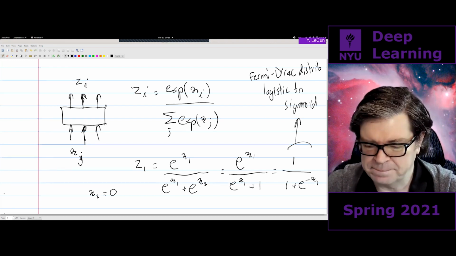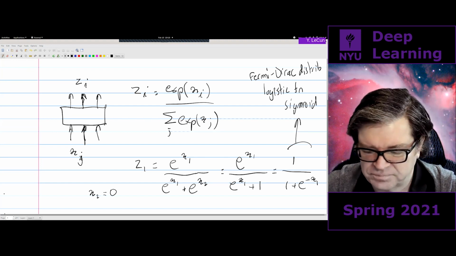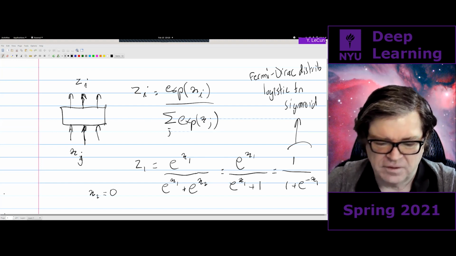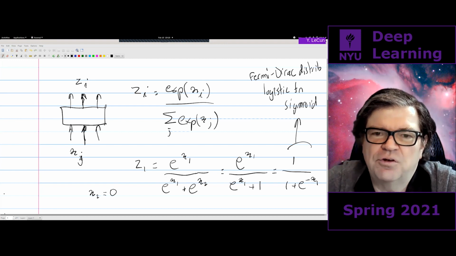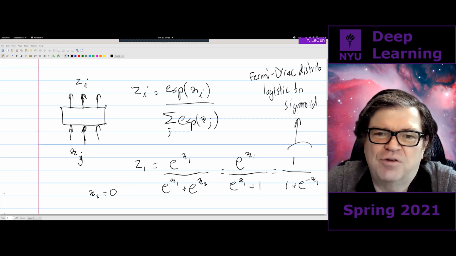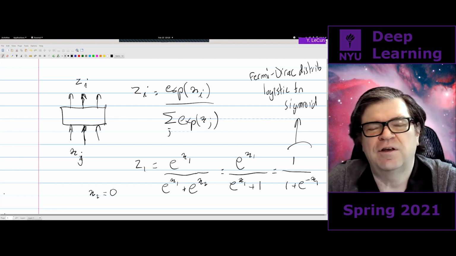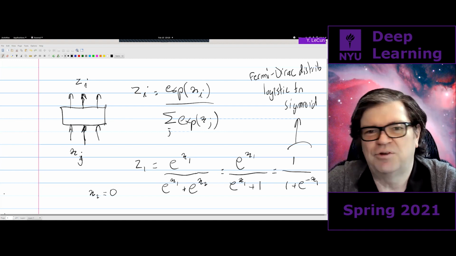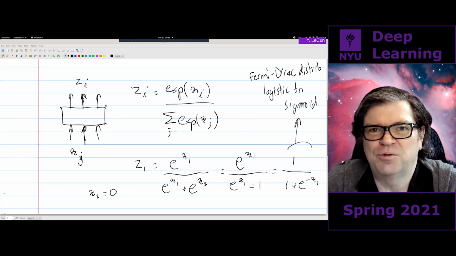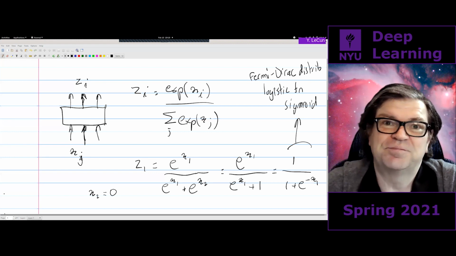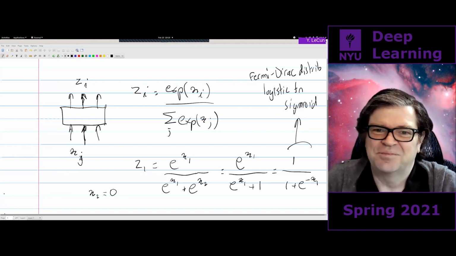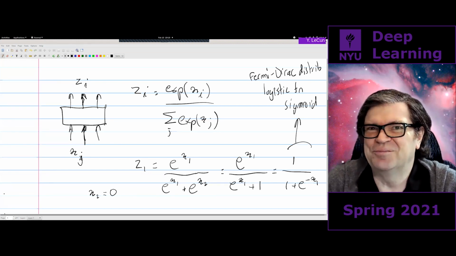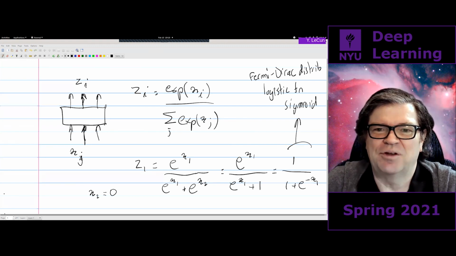Okay? And why are we using exponentials here as our nonlinear function? Because the exponential is a very simple way of smoothly turning a number with any range from minus infinity to plus infinity into a positive number, right? There's many ways to do this, I would admit, but exponential is good.